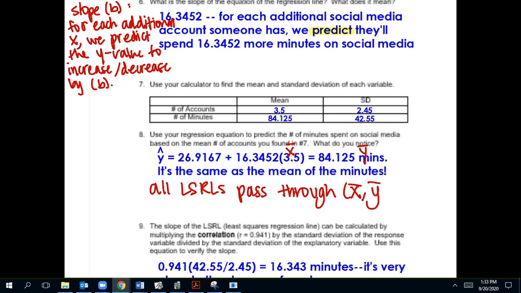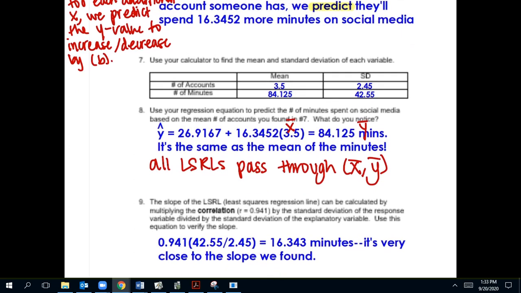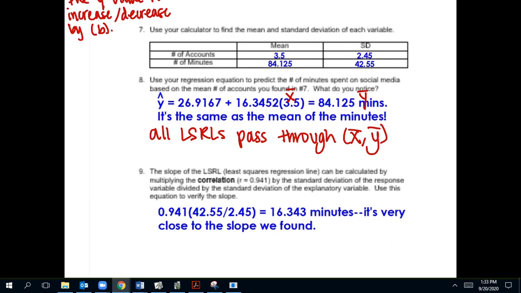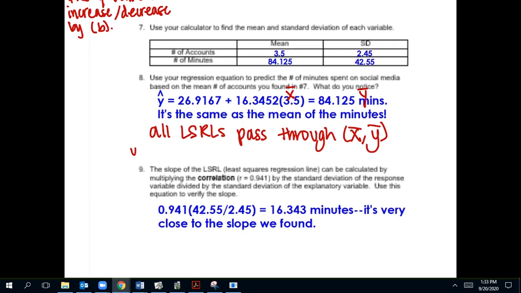And we can also write an equation for the y-intercept for that. So if we know that y bar equals a plus b times x bar, we can solve for the a and say a equals y bar minus b times x bar. So I'm going to highlight that formula.